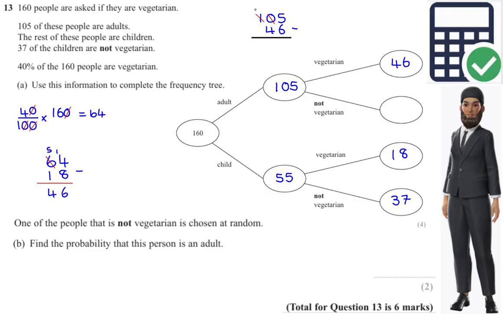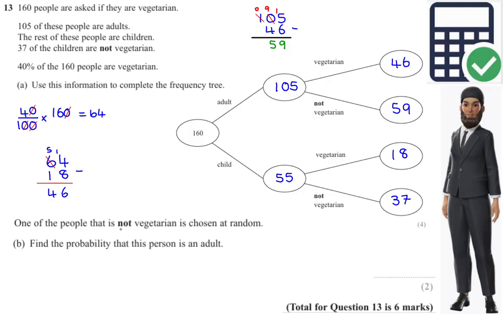So that will become a 0. I'm going to have to borrow immediately. That becomes a 9. That's going to become a 15. Then 15 take away 6 gives you 9. 9 take away 4 gives you 5. So 59 are adults who are not vegetarian. So let's write that down. That's going to give us 59 over here. And that should be part A completed for 4 marks.